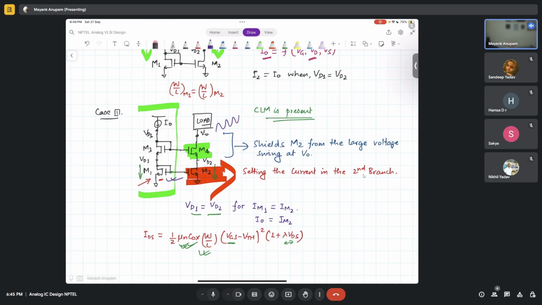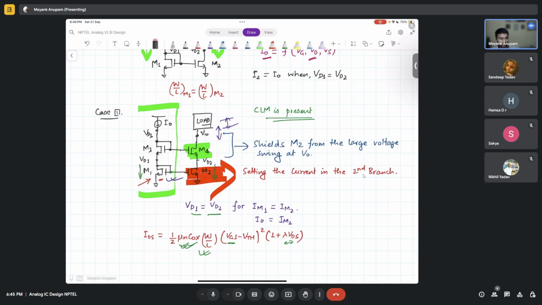However, you do not want the current through it to change. Even if the voltage changes between some range at V out, you do not want the current to change through it. So for that you need to ensure that this drain voltage here remains fixed, right?